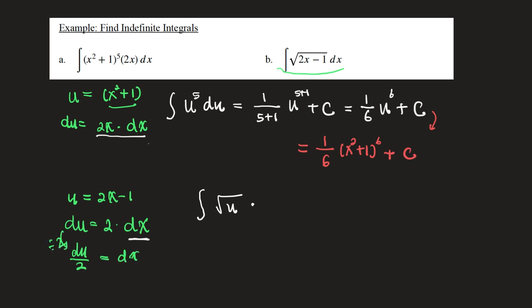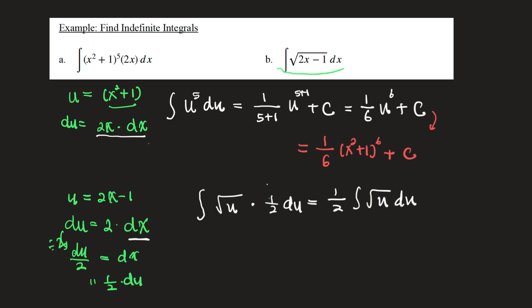Divide by 2 because you only have dx. So I'm going to write this as 1/2 du. So dx is going to be 1/2 du. The constant is brought outside the integral: 1/2 integral of square root u du.